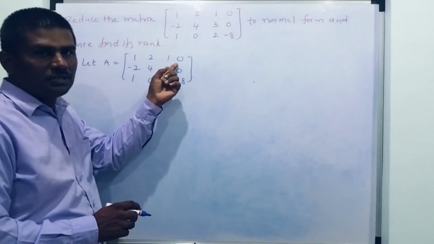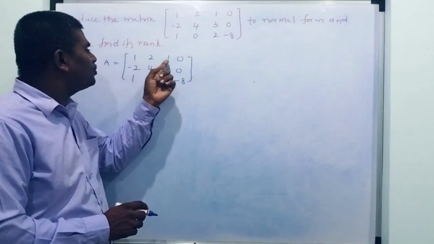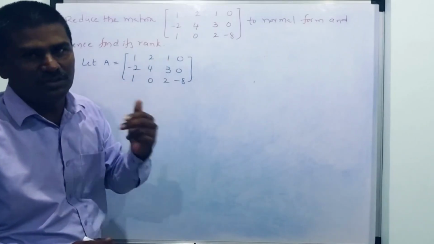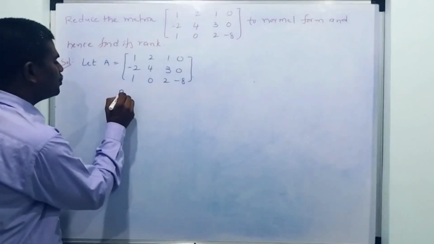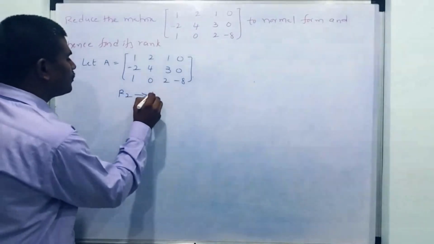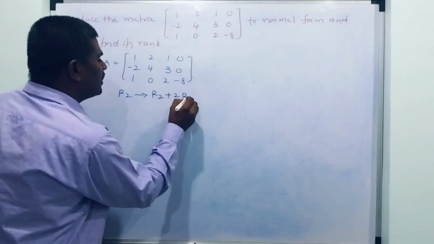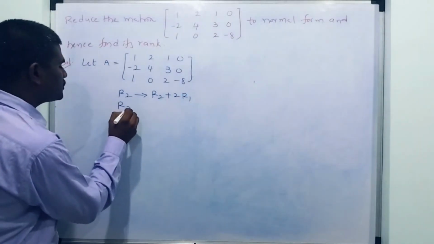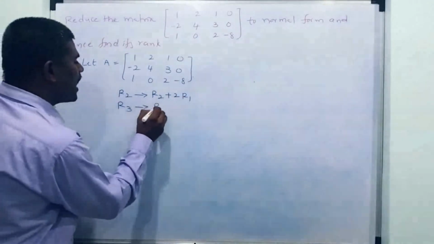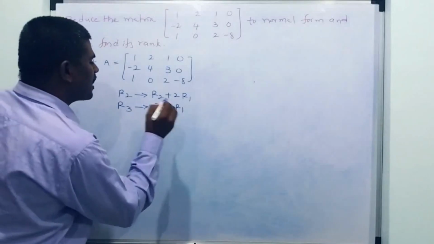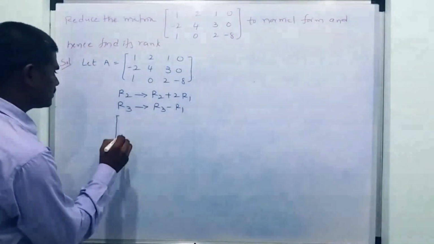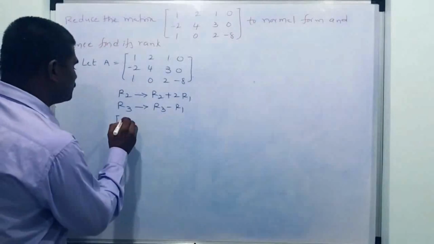Here is already 0, so it is enough to make these two elements as 0. That means R2 tends to R2 plus 2R1, R3 tends to R3 minus R1, which means no change in the first row.